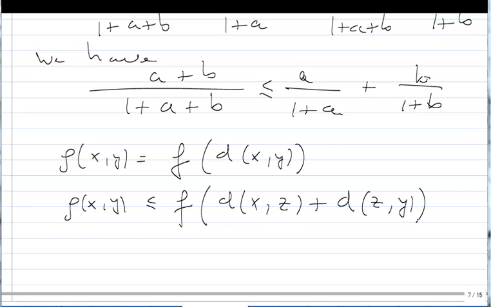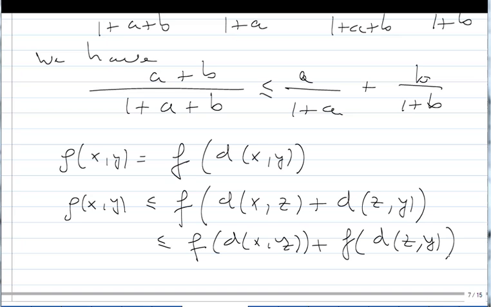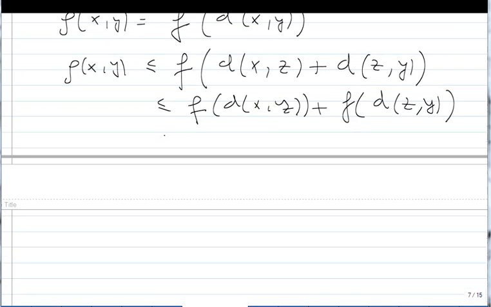Number two, in this example, if I change f to another function h, defined on 0 to plus infinity, with h of 0 equal to 0, h increasing, and subadditive, then you can generate a new distance. This is very, very interesting.